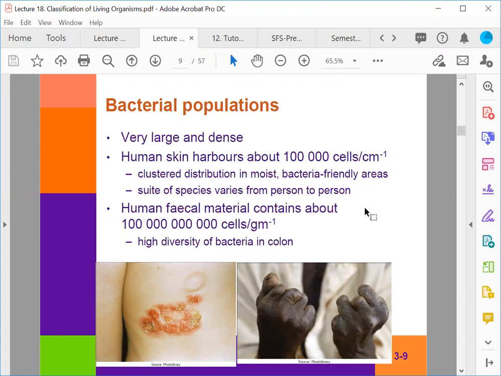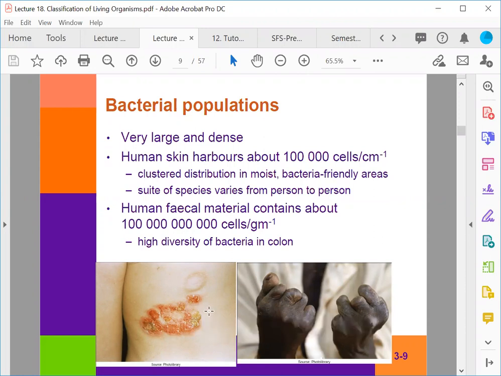All right, so bacteria, of course, can cause a lot of problems. So this particular rash that you can see here is caused by Staphylococcus aureus, so golden staph, also referred to as a superbug.